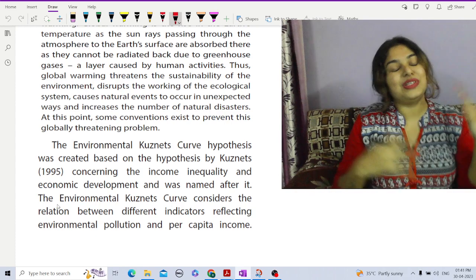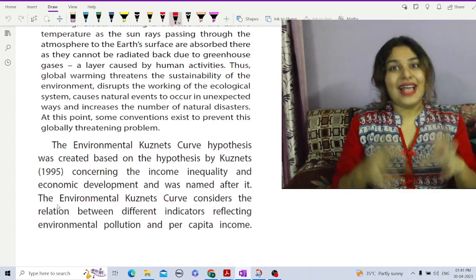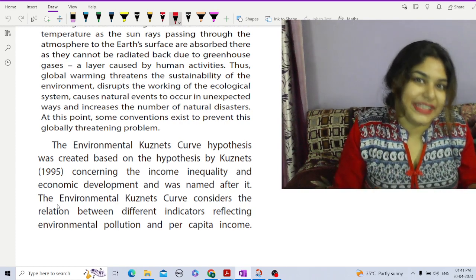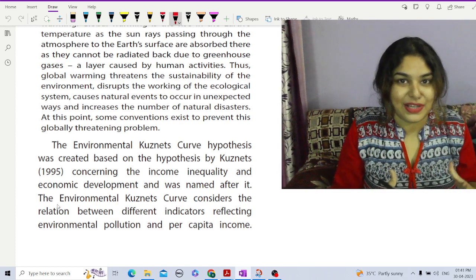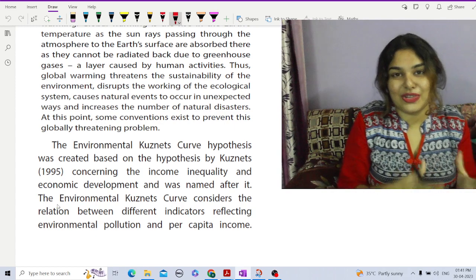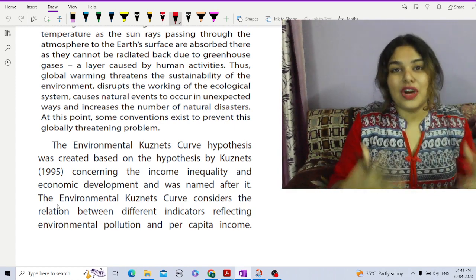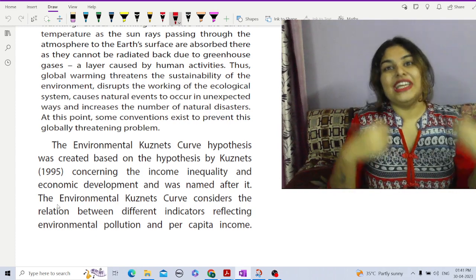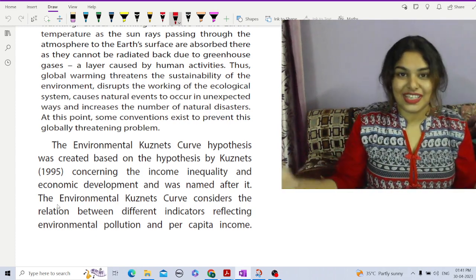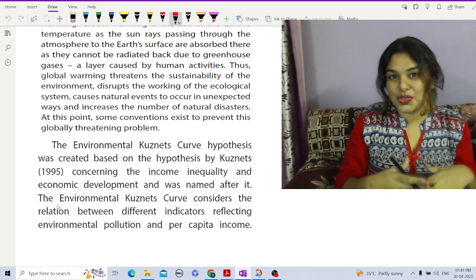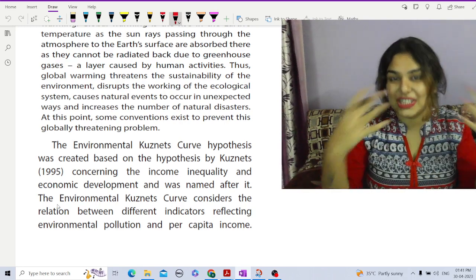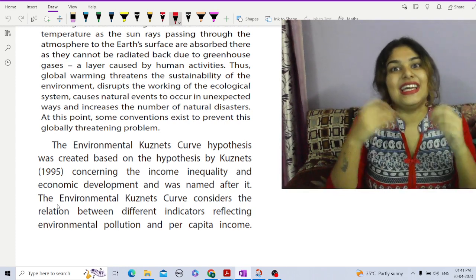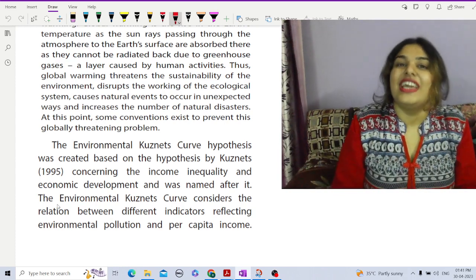There is a gap between rich and poor, right? As they move from less developing countries to developing countries towards growth, there is more and more increase in emission in the economy, leading to more air pollution, increasing pollution at every level, as well as environmental degradation as the income of the people of the nation increases.